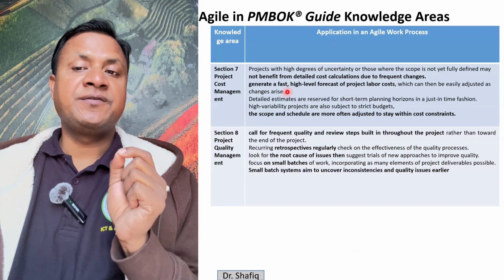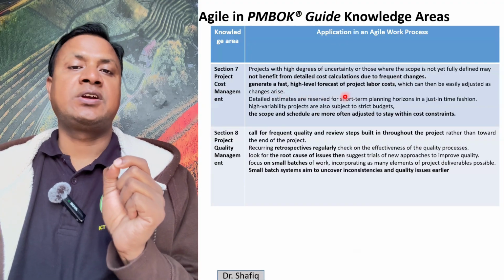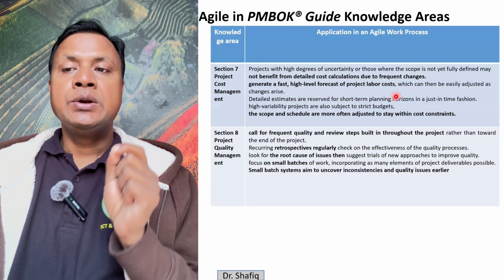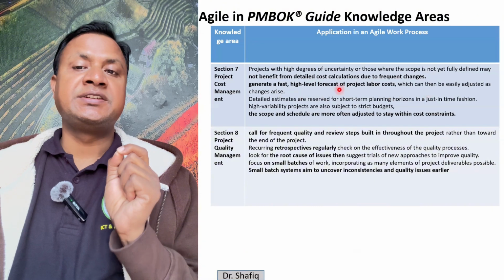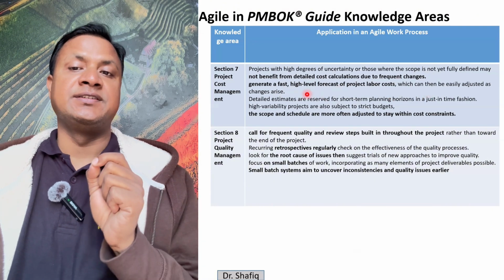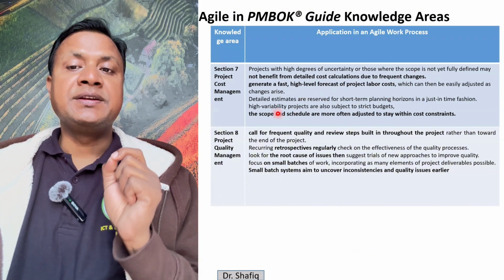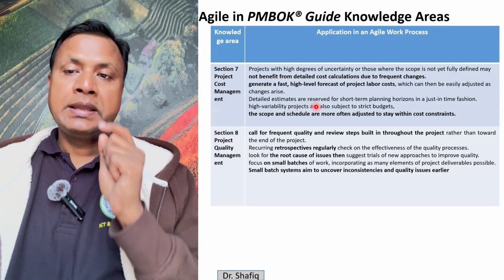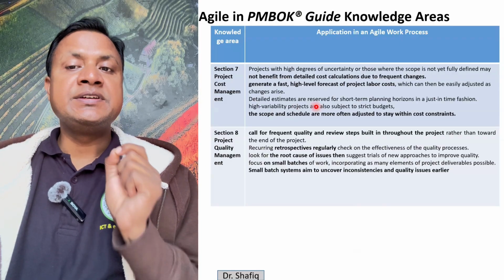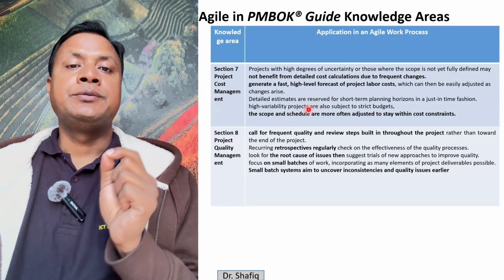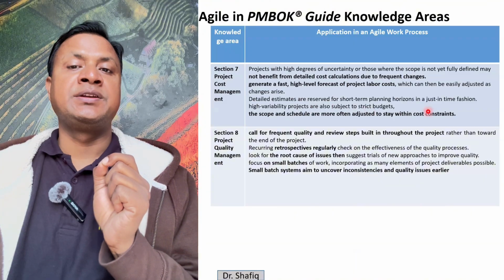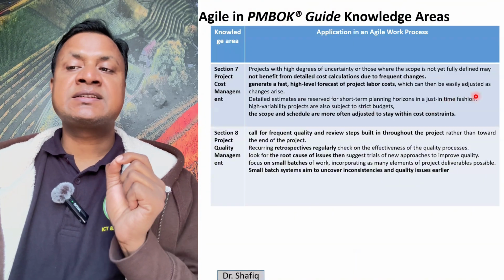So we generate a fast, high-level forecast of project labor cost, which can then be easily adjusted as changes arise. We make detailed estimates in each sprint for short-term planning horizons in a just-in-time fashion.